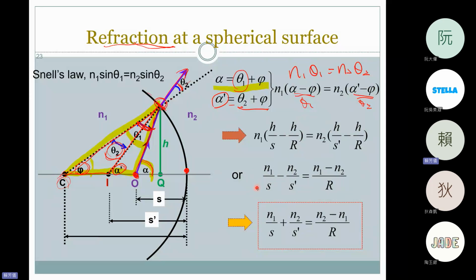But when we check another situation like this, if the light arrives here, then we can also find an equation similar to this one, but the sign will be different.